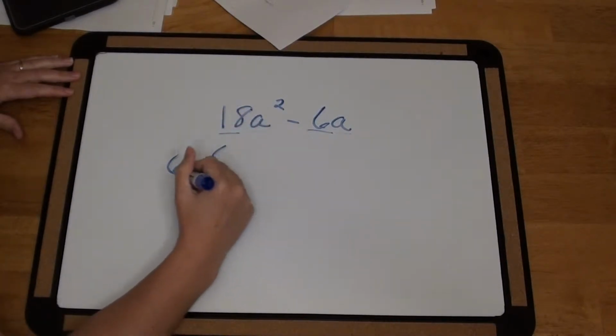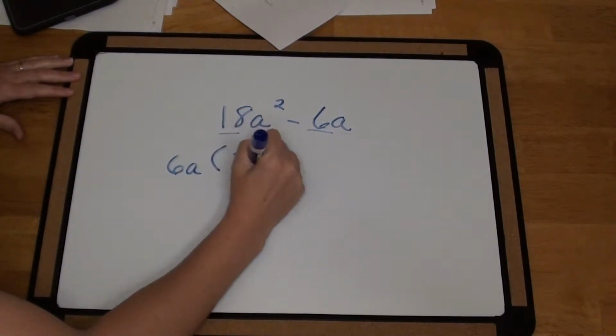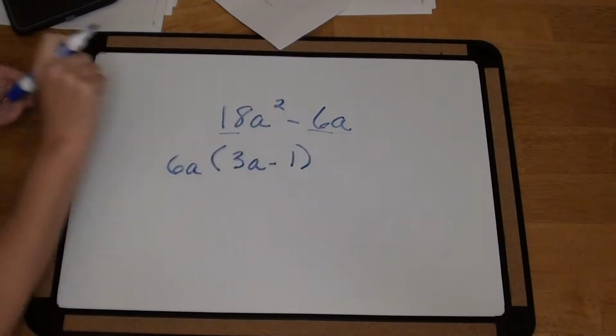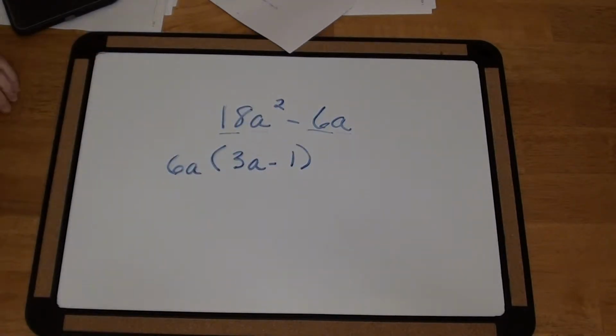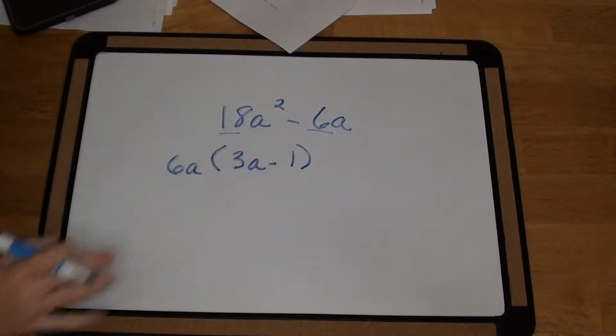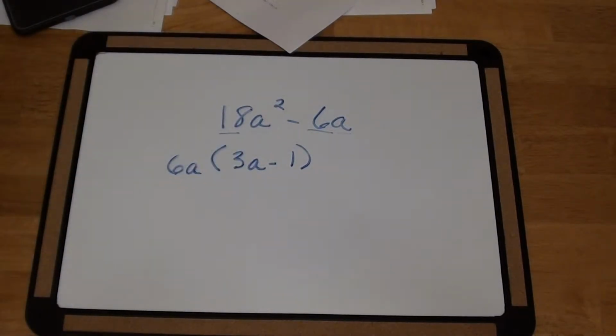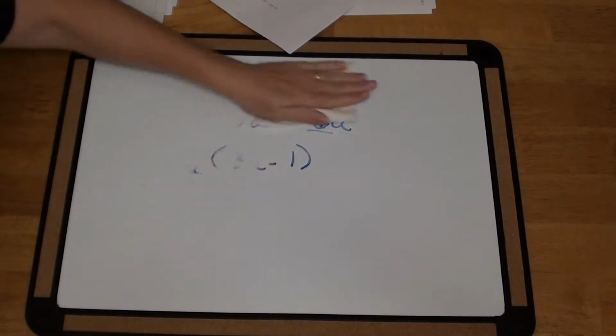So then when we take a 6a out of this, I'm left with 3a minus 1. And that's all you're doing when you're pulling out a common factor: you're just pulling it out and then having it simplified. And this is done. The first 4 problems are very straightforward and simple. You're just pulling out a common factor.